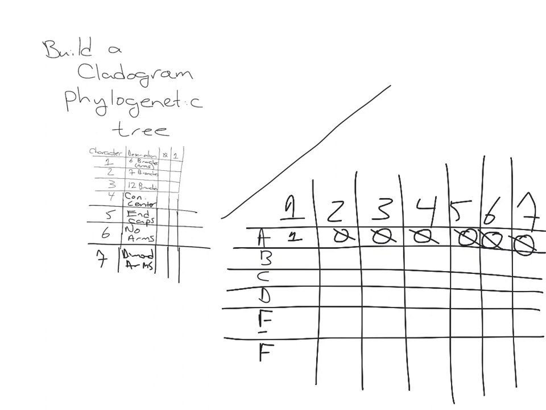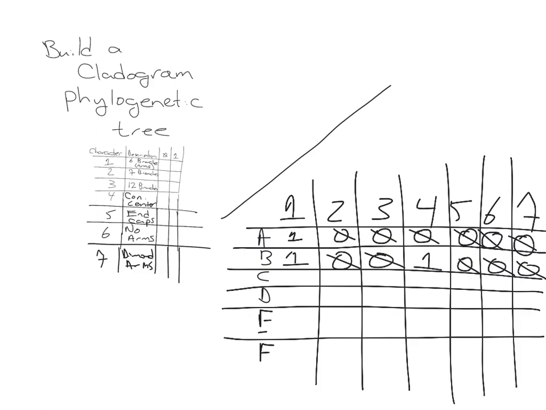B, does B have character 1? Yes, it does. Does B have character 2? 3? 4? 5? No. 6? 7? No. Does C have character 1?